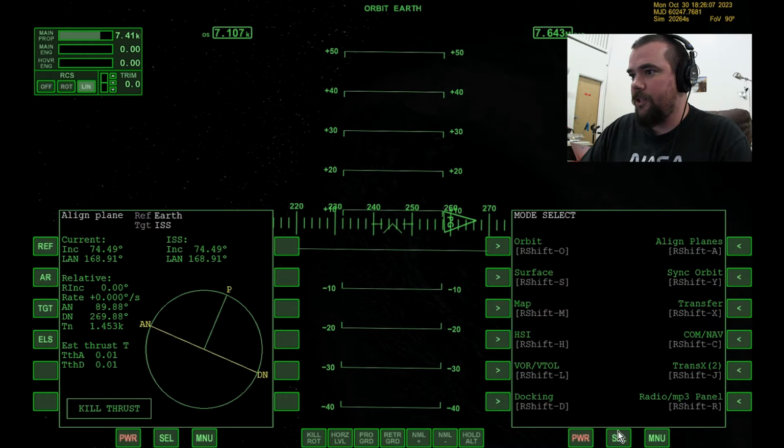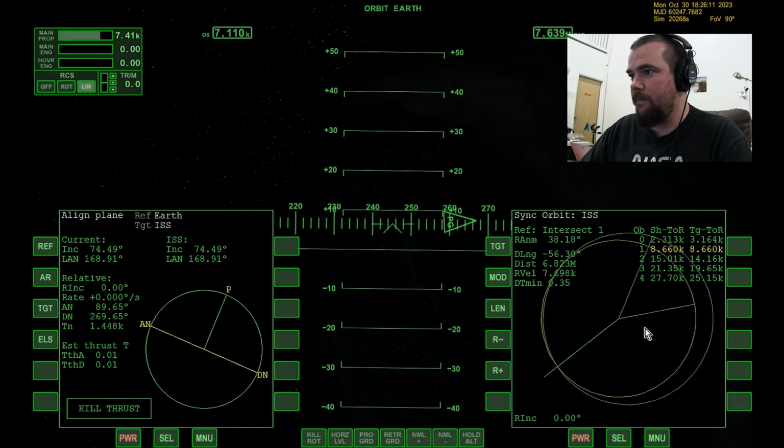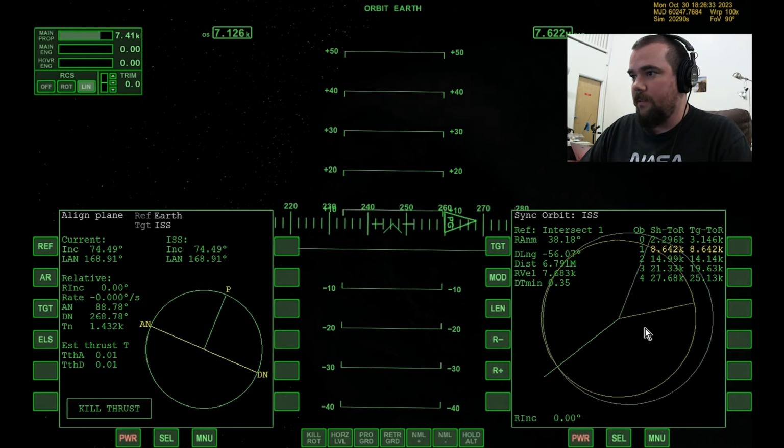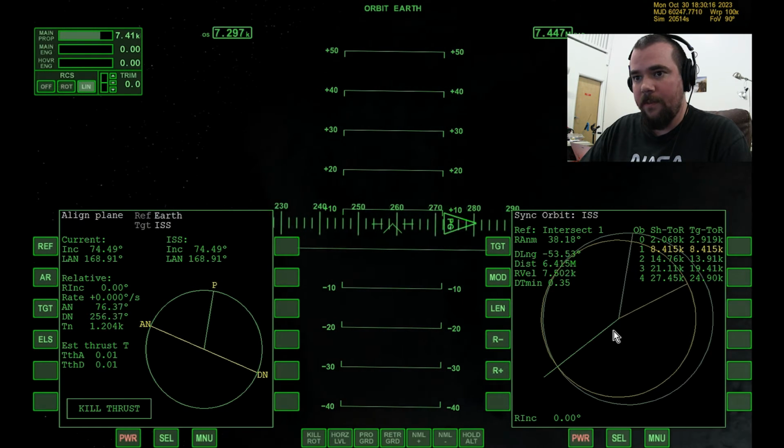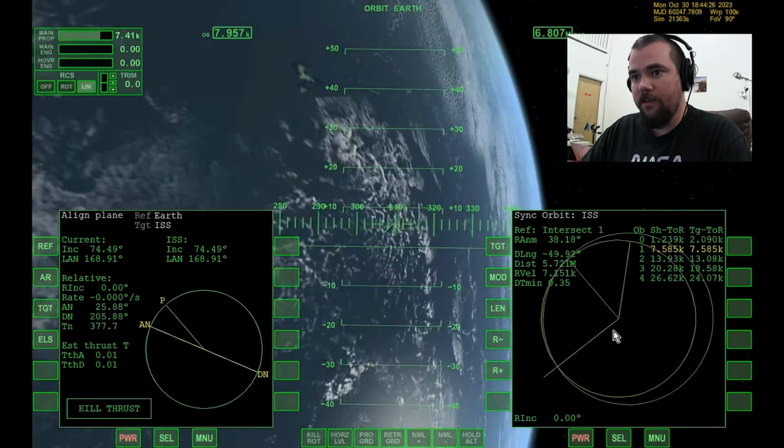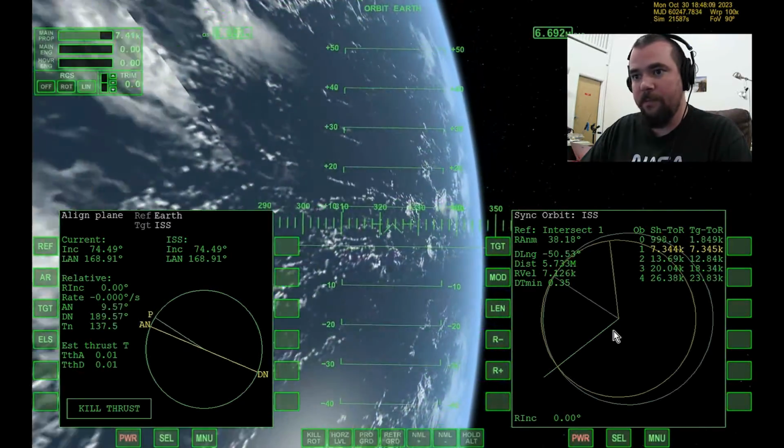Alright, so let's change this to sync orbit so we can see both these things at the same time. And then I'll try to make a correction here on the ascending node for the plane alignment.